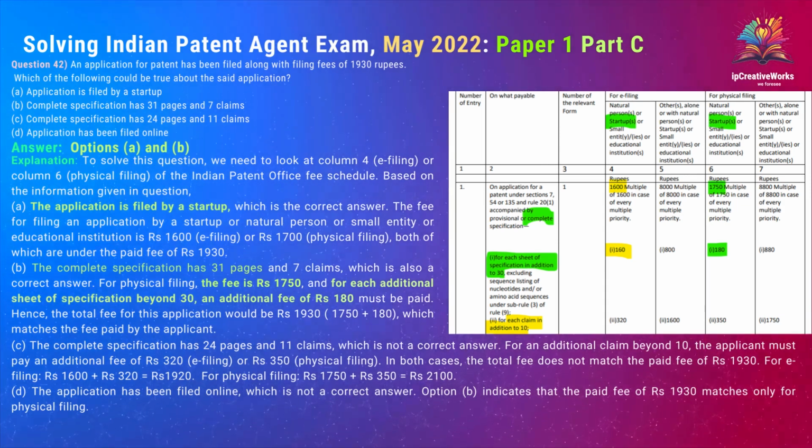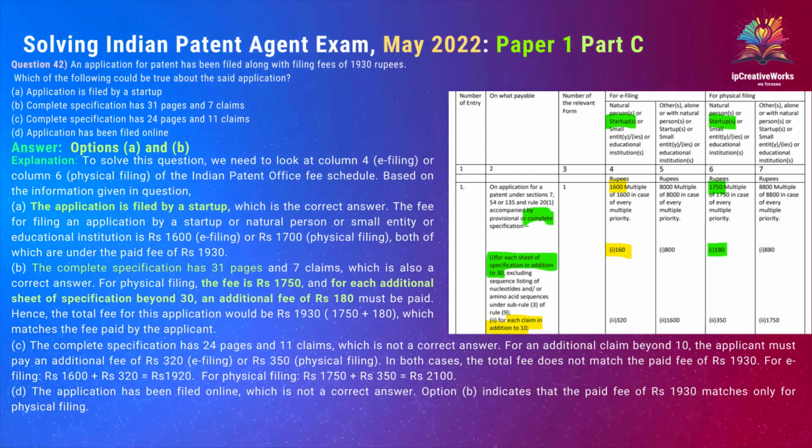C. The complete specification has 24 pages and 11 claims, which is not the correct answer. For an additional claim beyond 10, the applicant must pay an additional fee of 320 rupees, e-filing, or 350 rupees, physical filing. In both cases, the total fee does not match the paid fee of 1930 rupees.